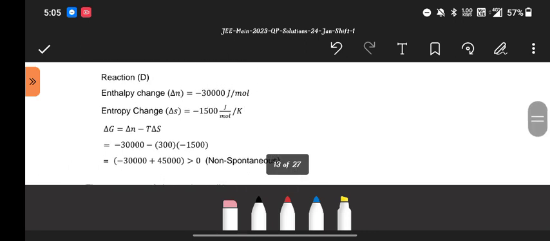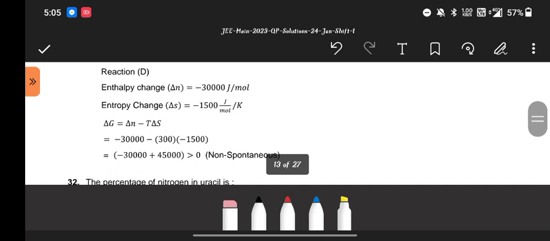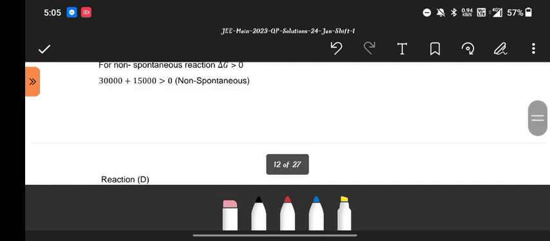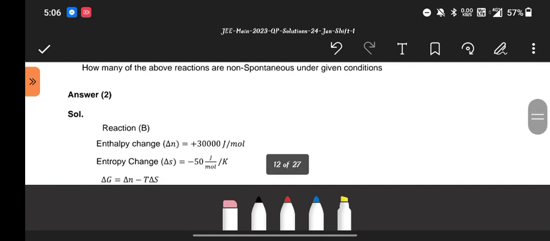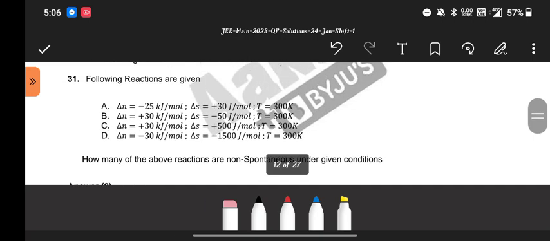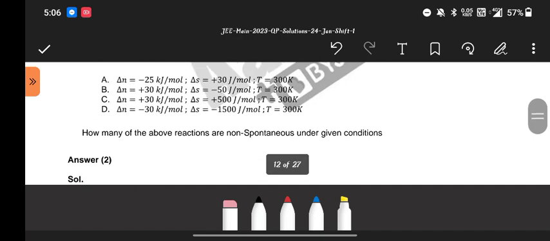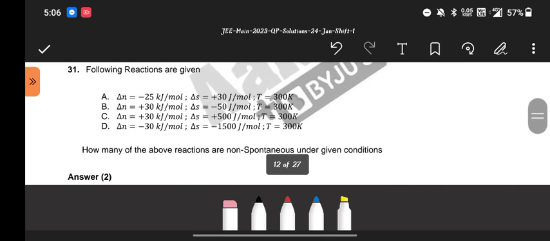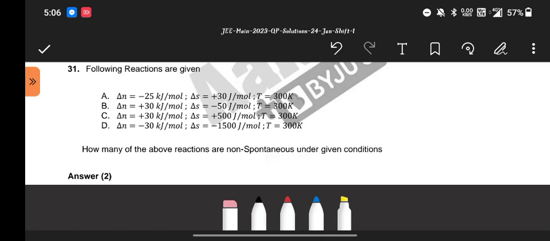So therefore minus 30,000 plus 45,000 is greater than 0. So therefore it is non-spontaneous. So therefore the correct option is option 2, that is ΔH plus 30 kJ per mole, ΔS minus 50 J per mole per kelvin at 300 Kelvin, is the correct answer, option B.